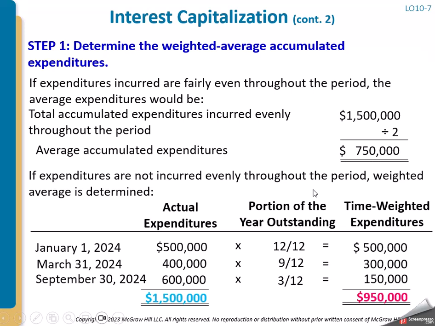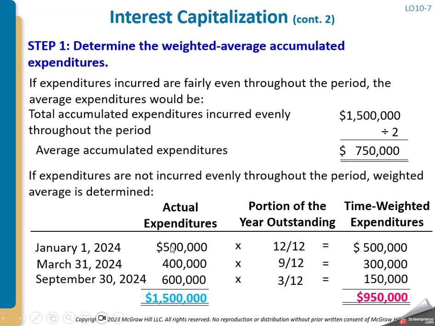So then we could calculate the weighted average of that debt. If it's occurred evenly, like it's the exact same amount every month for 18 months or whatever, or for the 2 years, we could calculate just an easy average. If it's not the exact same amount, we have to go down here and calculate our weighted average.